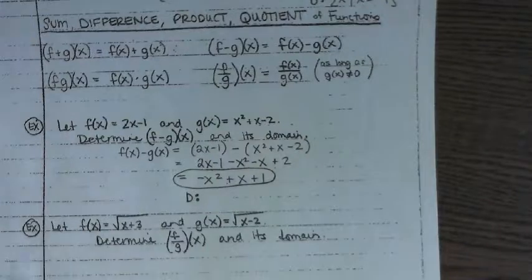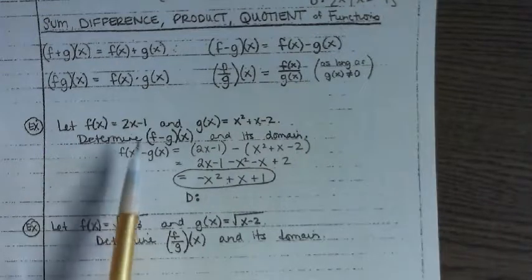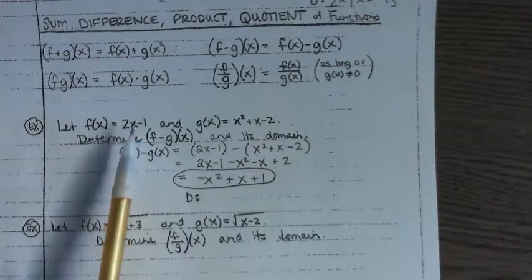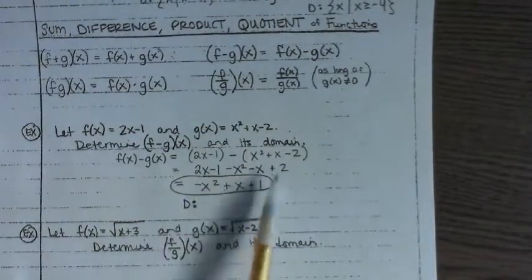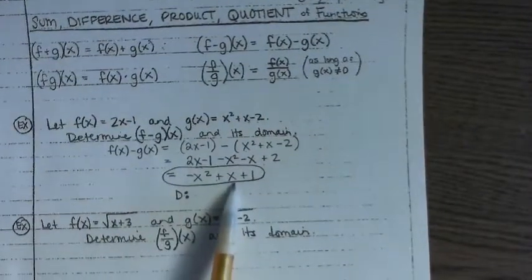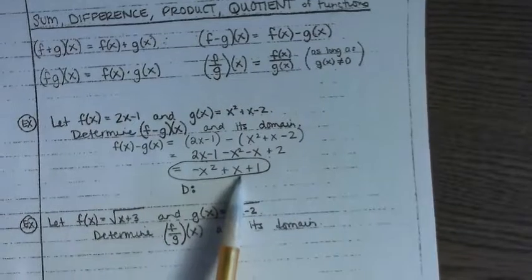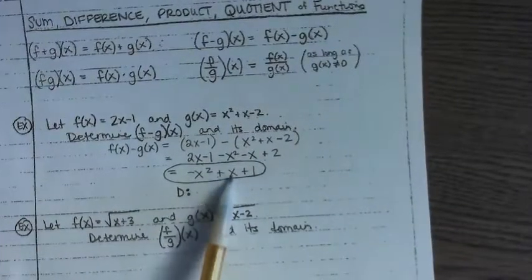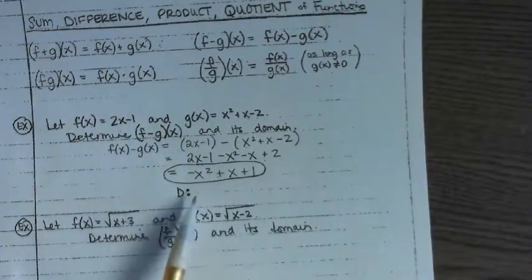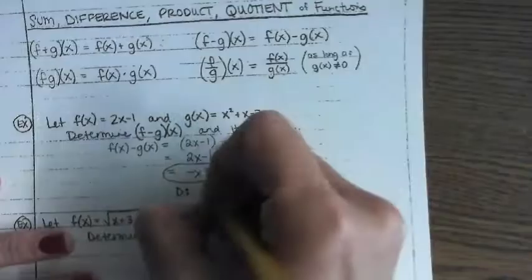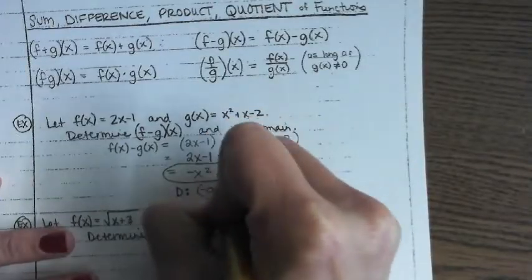Okay, so we did a composition of a linear and a quadratic, and what was our output when we subtracted a quadratic? Okay, and we all know with quadratics our domain is unrestricted, so negative infinity to infinity.